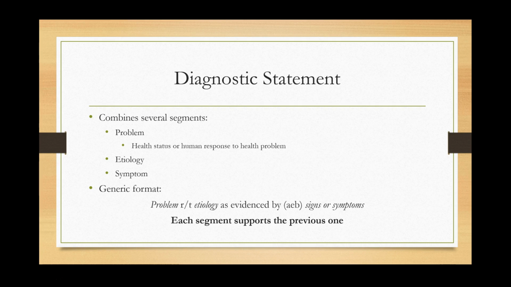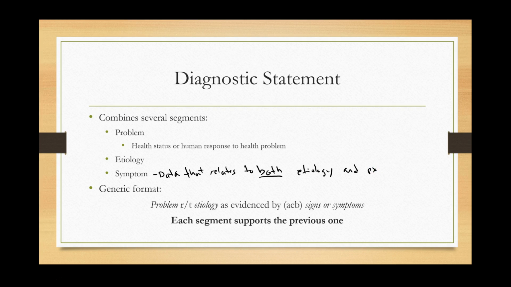So we have the problem, which is the health status or human response to a health problem, the etiology, which we'll talk about a little bit more, and then the symptoms. So this is data that relates to both the etiology and the problem.